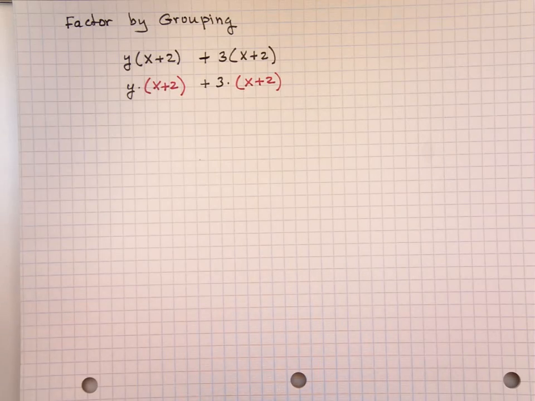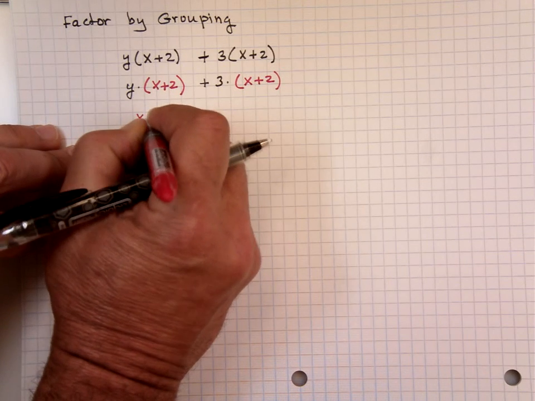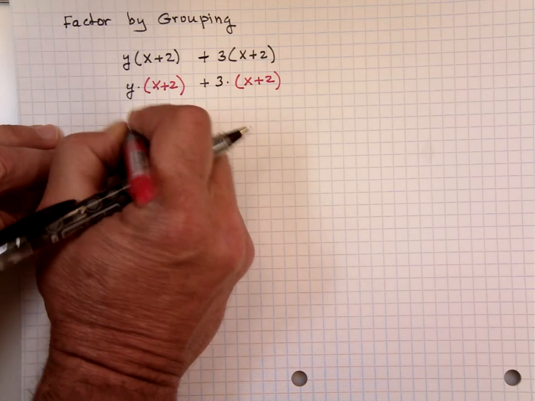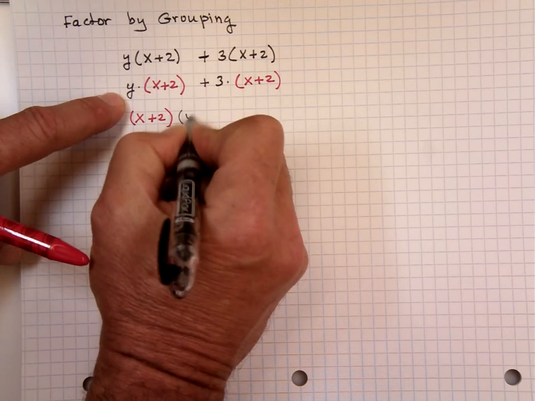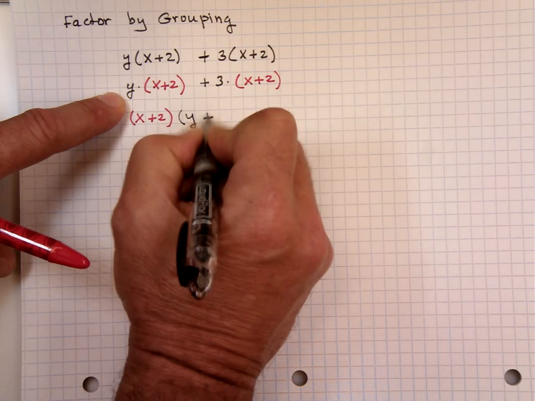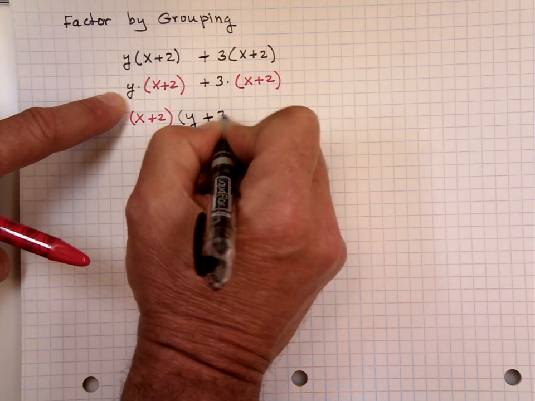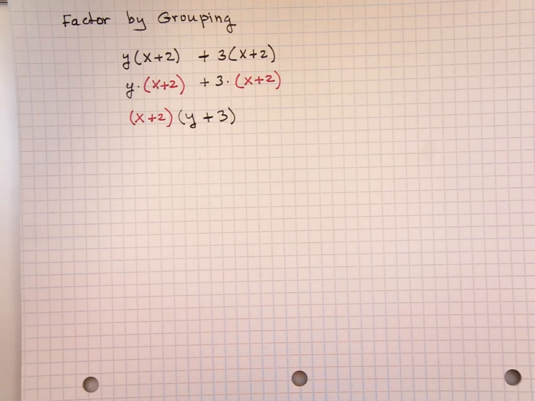So do the same thing here. Take the common factor out, which is what? X plus 2 outside. And what is left here? In the first term, the only thing left is the y. In the second one, the only thing left is the 3. So it's x plus 2 times y plus 3.